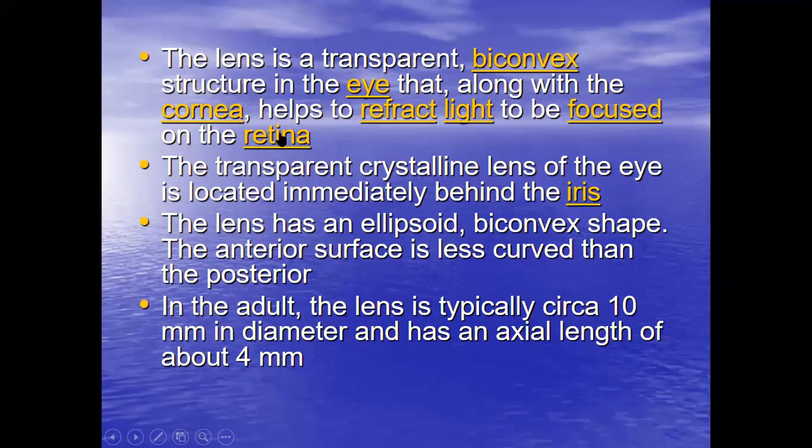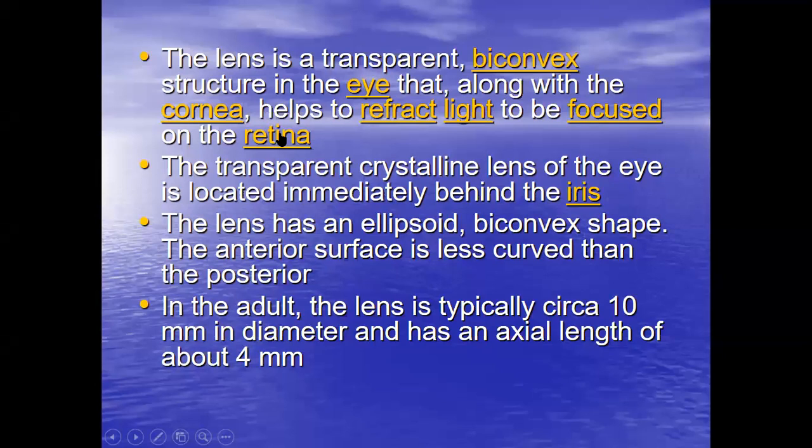That is why the light rays refract more at the cornea, and the lens, though it has more refractive power, still does not refract the light rays to that extent when compared with the cornea.